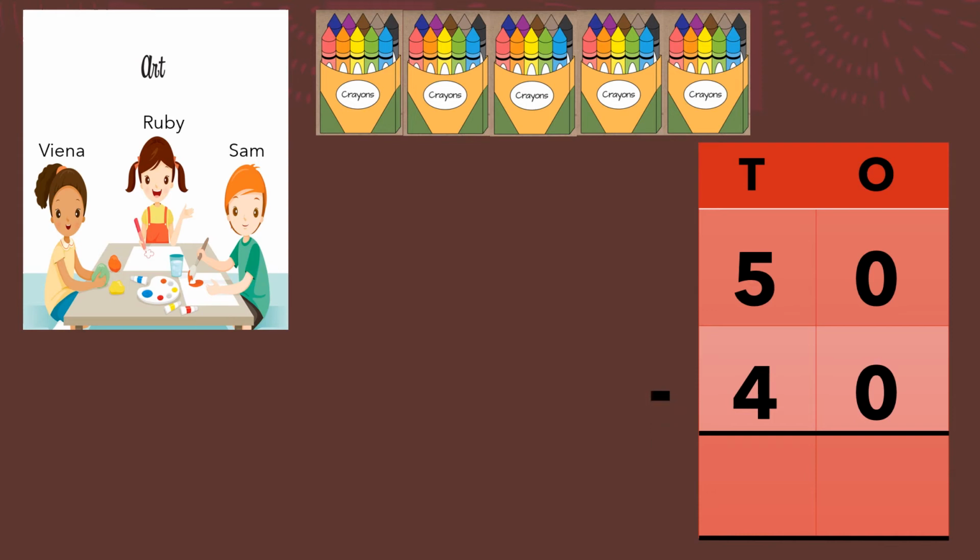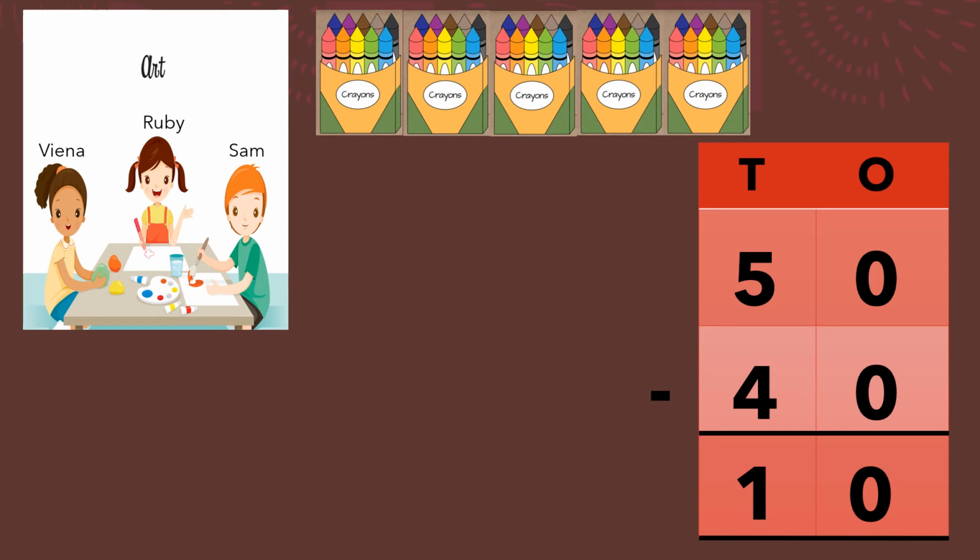Let's put the sign of subtraction. Now we subtract from the ones column. 0 minus 0 is 0, and in the tens column 5 minus 4 is 1.